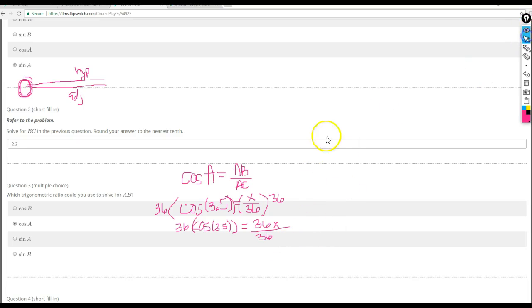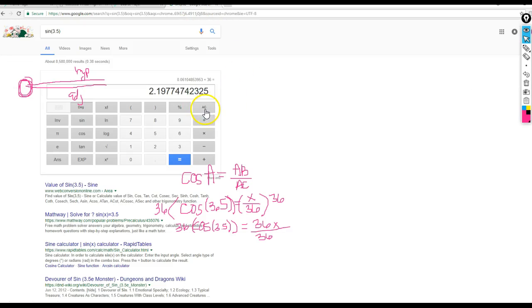All right, so now let's simplify. This is a number because cosine of 3.5 is a ratio. So I'm going to type in 36 times cosine, making sure it's in degrees, of 3.5. That equals 35.93.